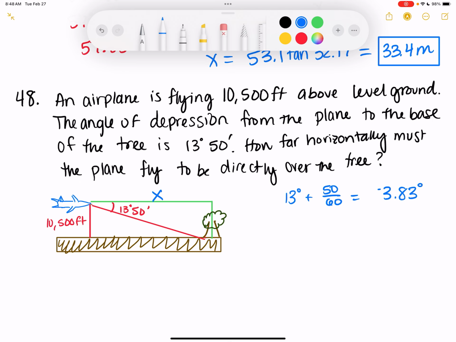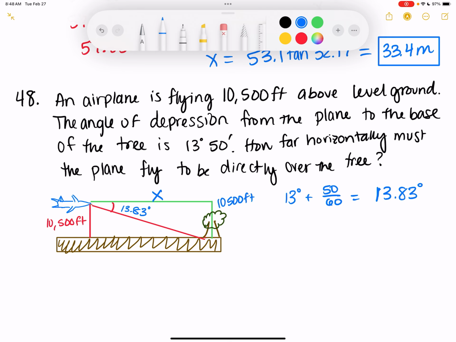So I'm going to change this number here to 13.83. Now, if this height here is 10,500 feet, what must this height here also be? 10,500 feet. Yep.